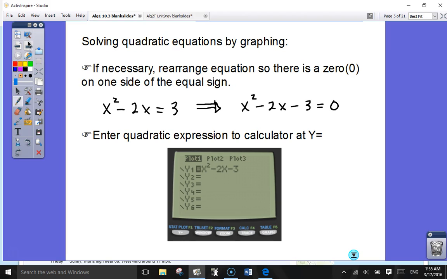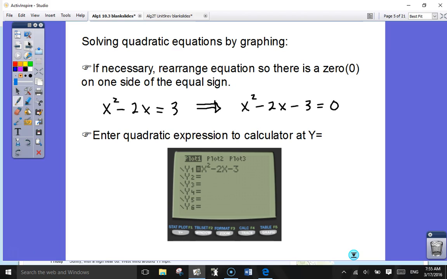It's 0 equals, right? It doesn't have a y yet. It just has a 0. So in this particular one, x squared minus 2x equals 3, because there's no 0 on one side, I need to do something. In this case, I subtracted 3 from both sides, right? So now I've got x squared minus 2x minus 3 equals 0.